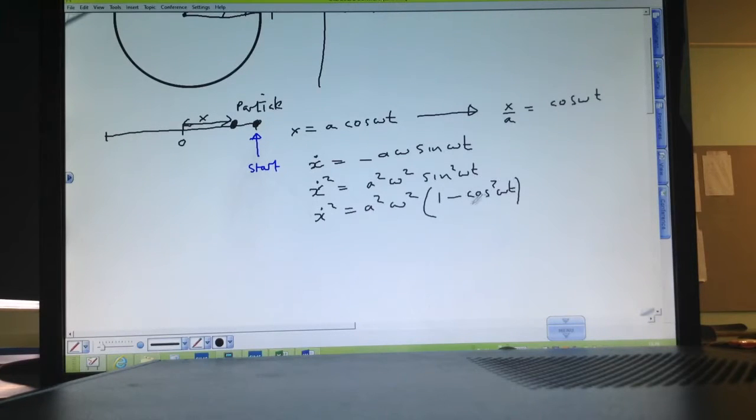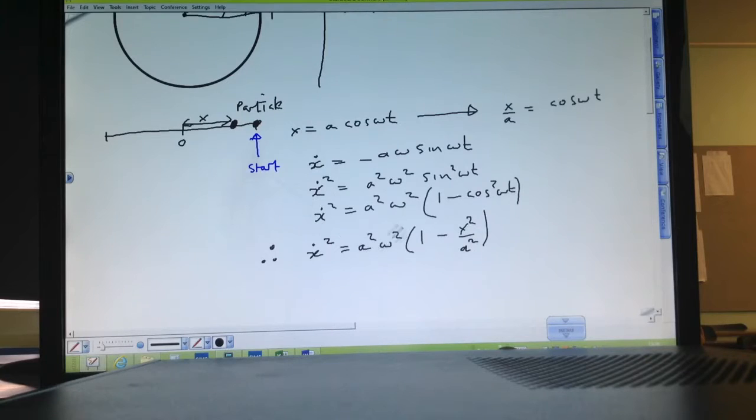Okay, that there is going to be replaced with this, which is squaring that. Okay, so therefore I now end up with x dot squared equals a squared omega squared, 1 minus x squared over a squared. Happy with that?